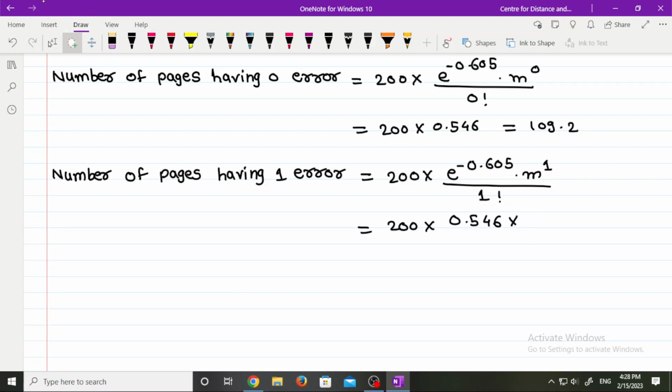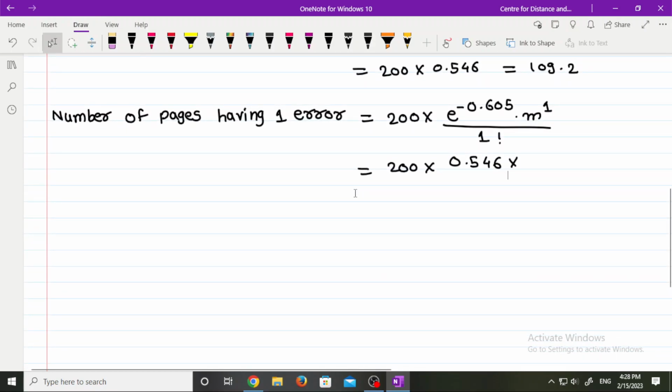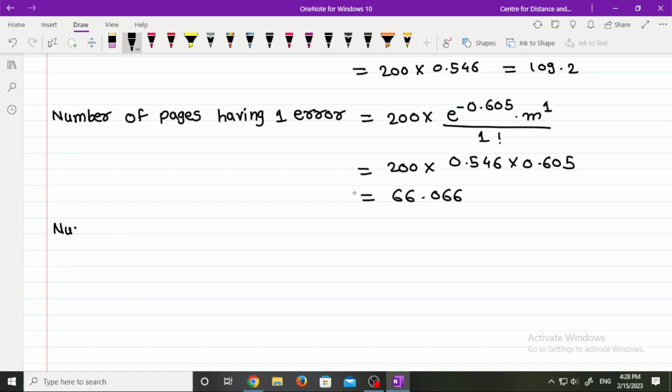What is the value of m? Here 0.605 divided by 1 factorial, which is equal to 1. So, when we multiply 200 into 0.546 into 0.605, here we get 66.066.